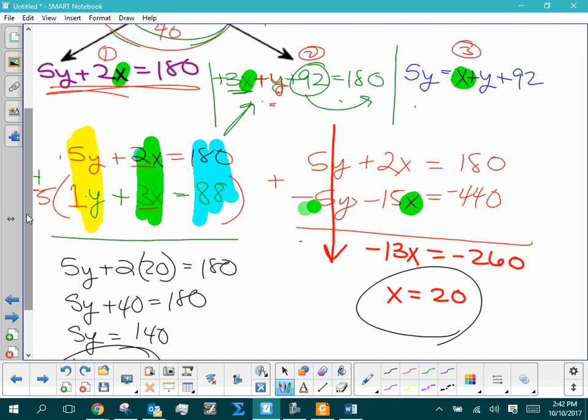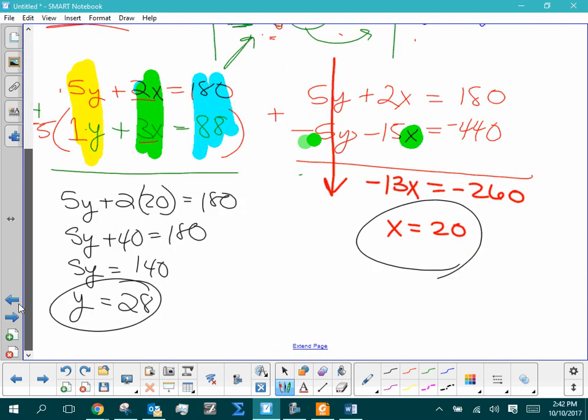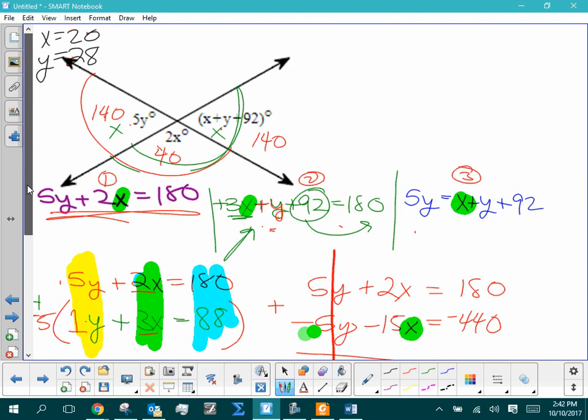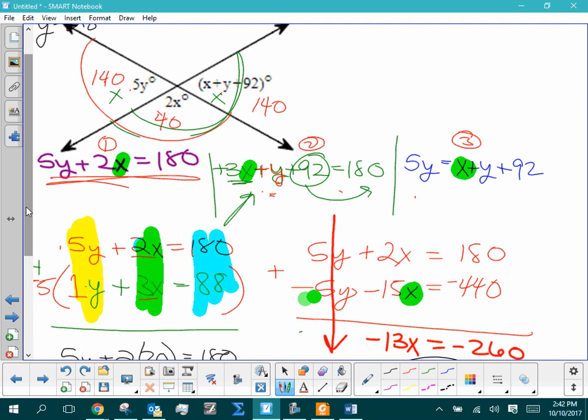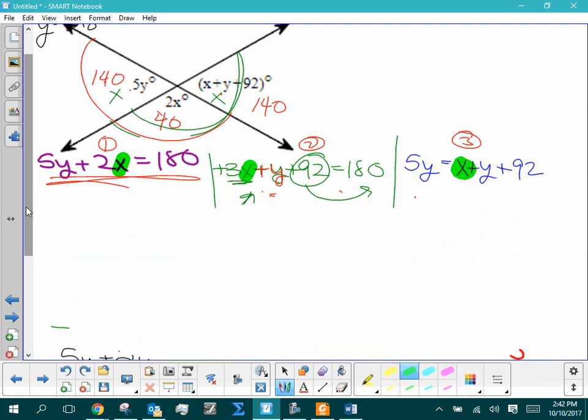Huh? 5y equals 180. Where are you seeing that at? Oh, so you can do, if I do these two. Okay, so that's 3x. So you could have done 3x plus y equals 88.